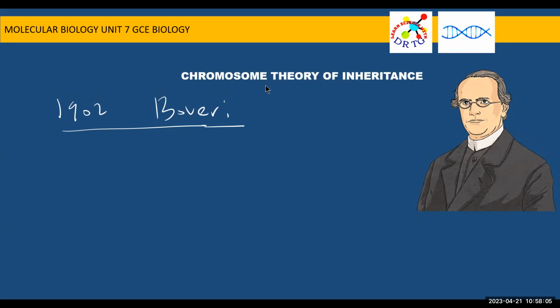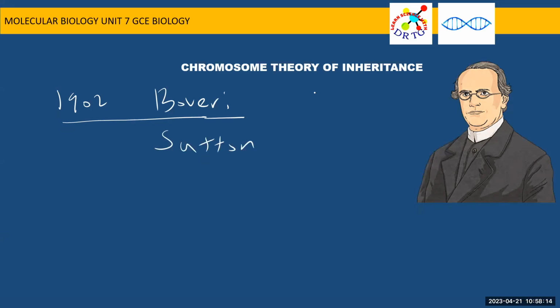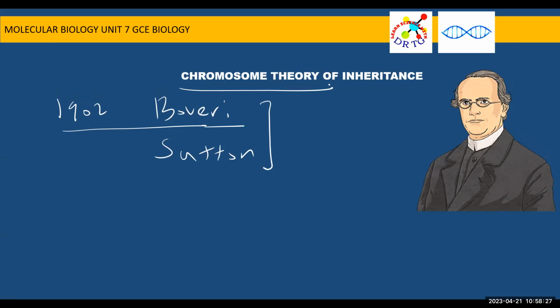And together with another scientist, Walter Sutton, they established the chromosome theory of inheritance. So the chromosome theory of inheritance is the same thing we learn in genetics.